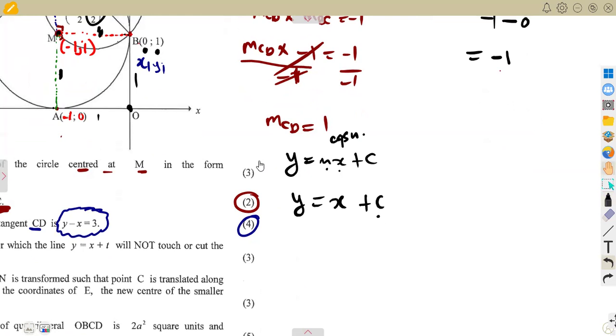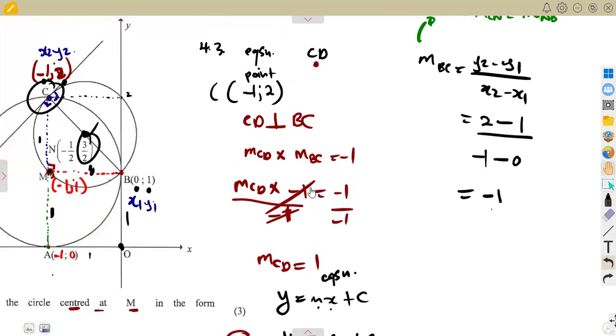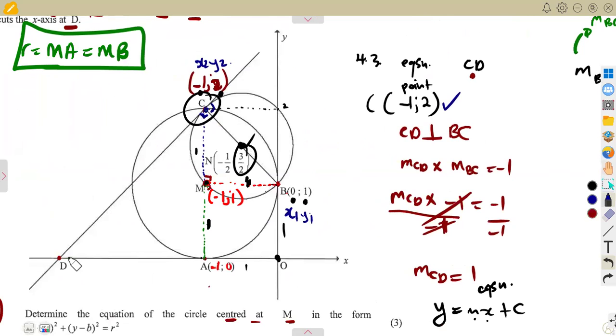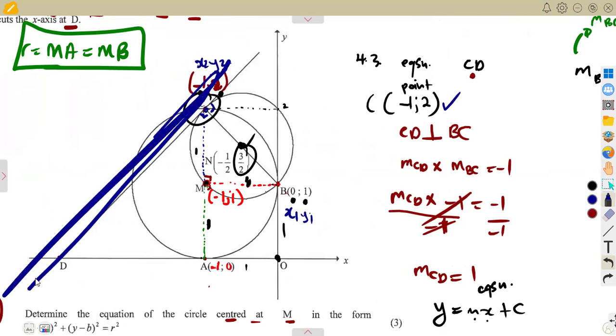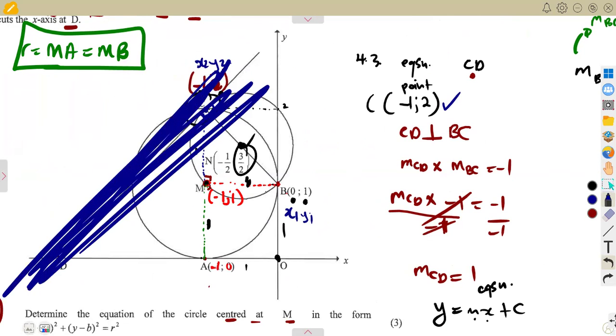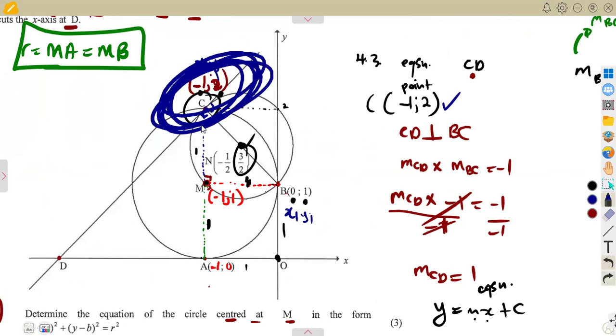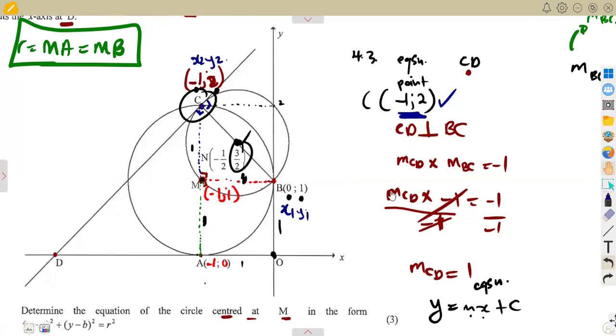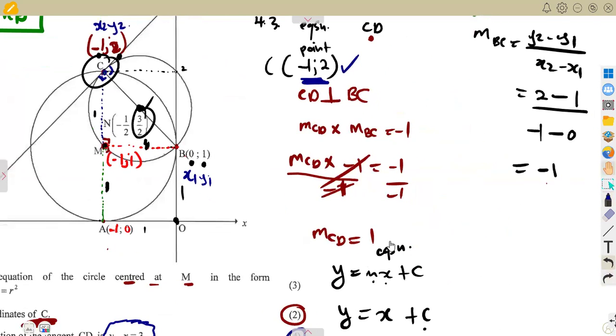The y-intercept, now that's where we can take advantage of the point C. We only have 1 point, which is C, which lies on what? On CD. We are talking about the equation of CD. On this line, there is only 1 point, which is the point C. And the point C is given as -1, 2.